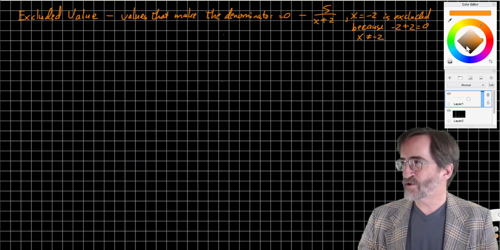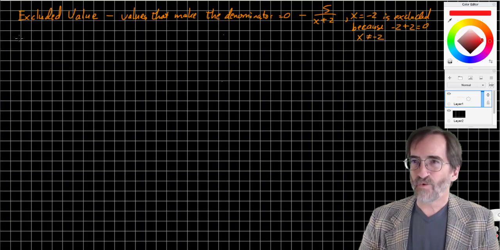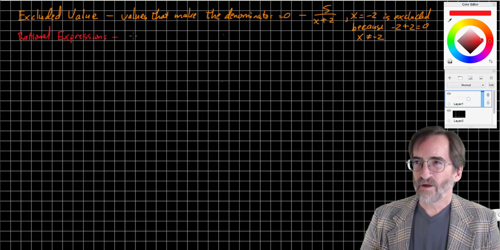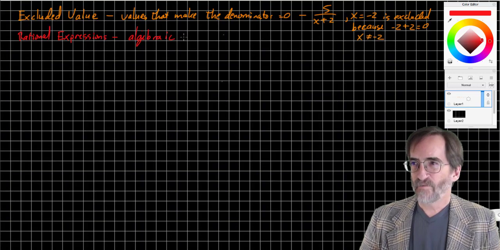Okay, rational expressions. Algebraic, meaning with x in it. Expressions.